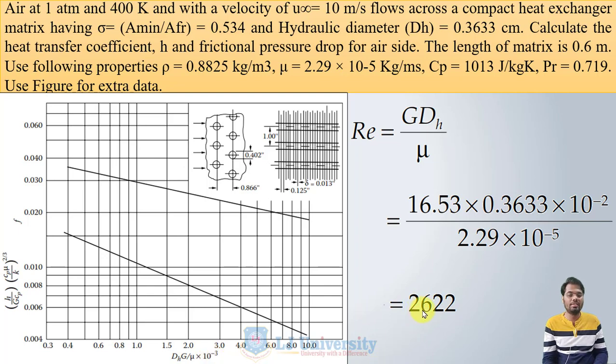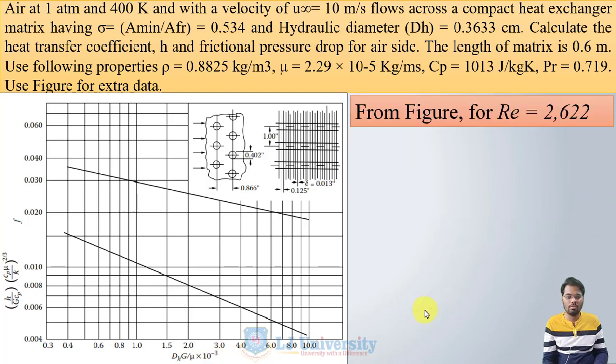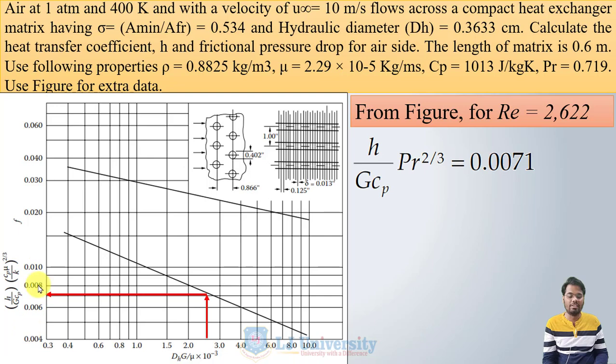So that is 2.622. Now from this graph, for the Reynolds number 2.622 into 10 raised to 3, 2.622 is somewhere here. If we move upwards and intersect this line, we get the value 0.0071 for this relation, h by G Cp into Prandtl number to the power 2 by 3, where Prandtl number is mu Cp by k.